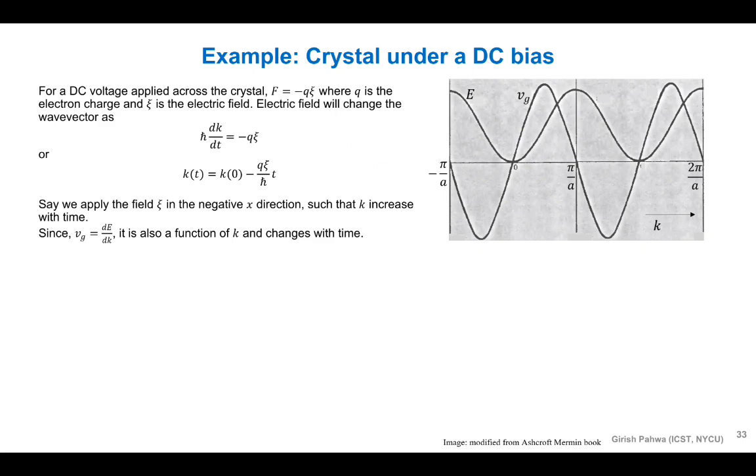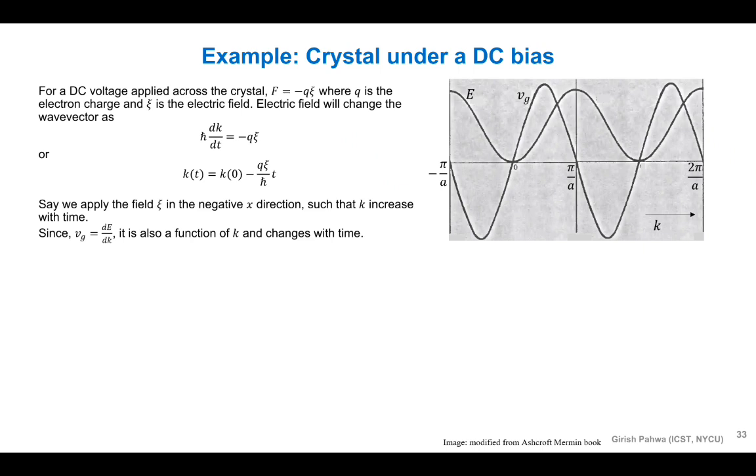It will just pick up that force and will keep moving with a faster and faster velocity. Acceleration is constant, so velocity will keep increasing. But in the case of a particle inside the crystal, velocity increases up to a particular k, and then it starts to decrease. So this is an interesting thing which is unique to the crystal.